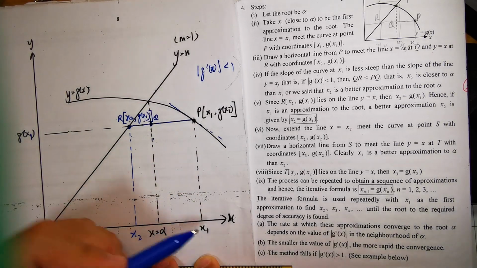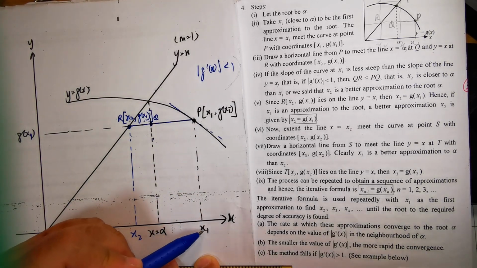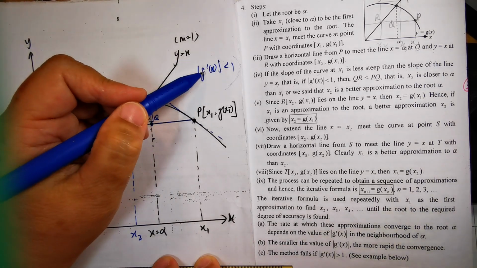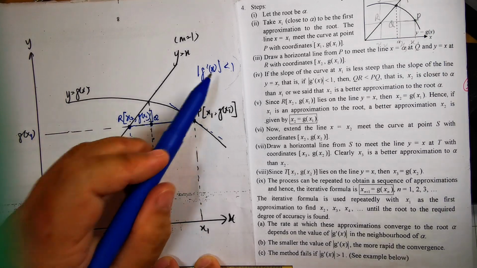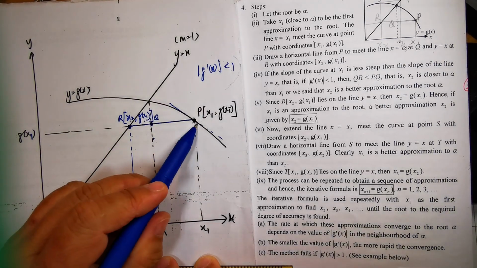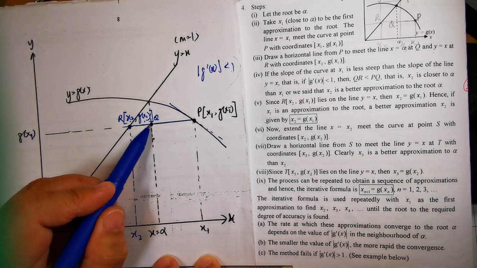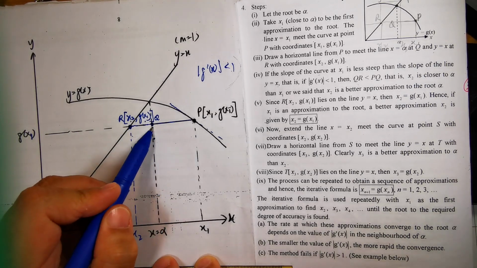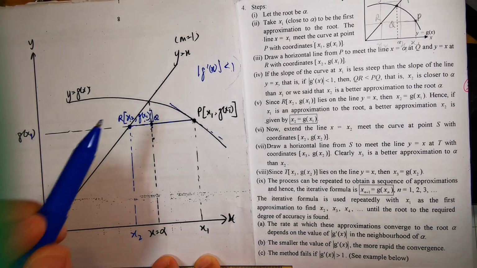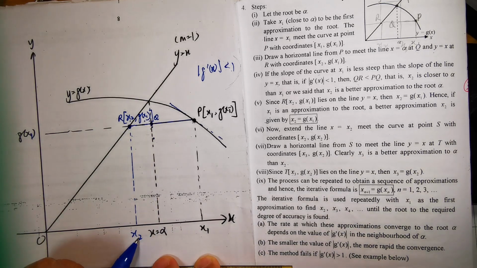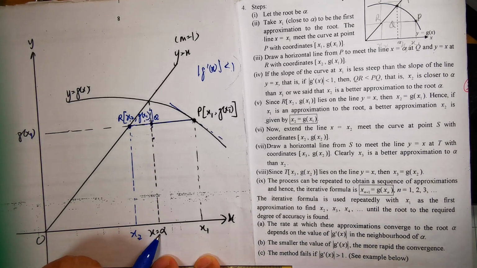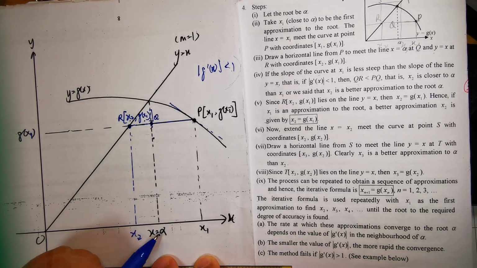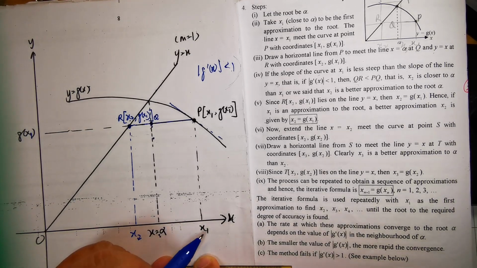If you substitute this x1 into g prime x, you will get a modulus less than 1. So when we extend a line like this, the distance QR is definitely shorter than PQ. This means x2 is closer to the actual root, because this distance is shorter, compared to x1.